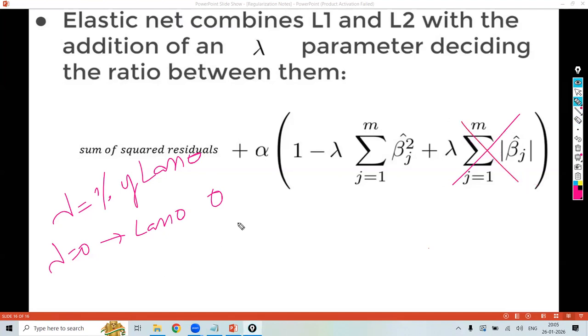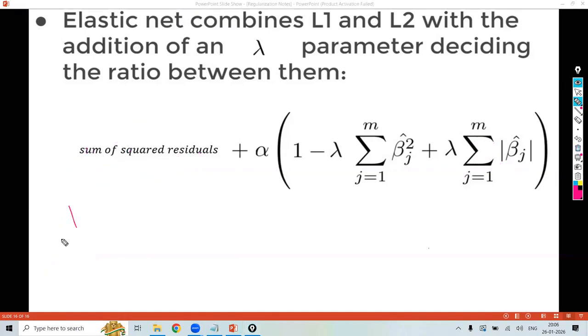The percentage of lasso is called lambda. 1 minus lambda is the percentage of ridge. How much percentage of ridge?